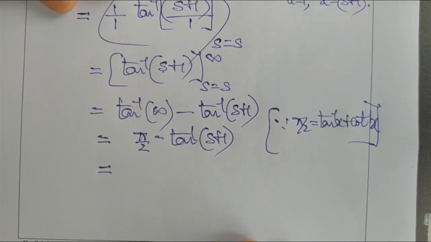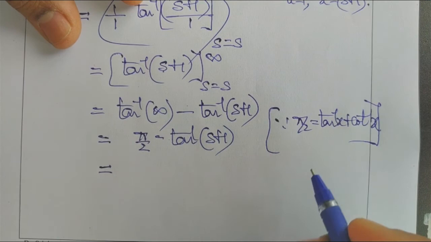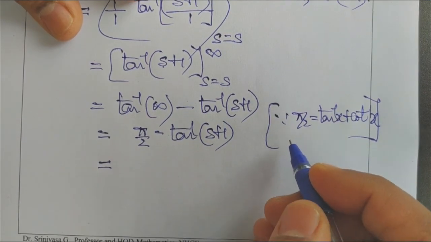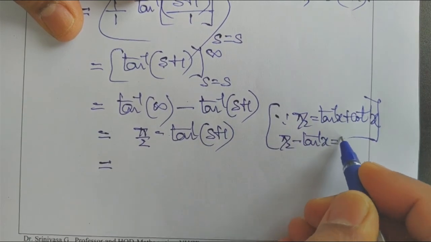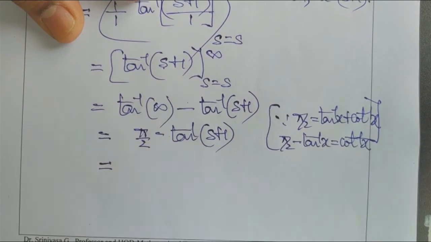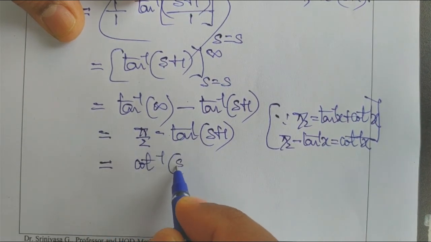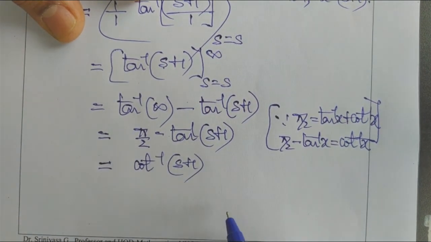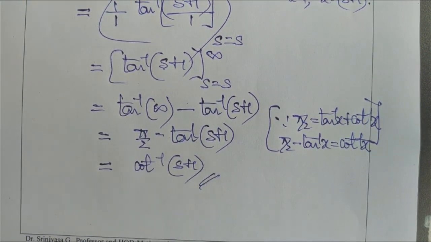So pi by 2 minus tan inverse of s plus 1, from this you notice pi by 2 minus tan inverse of x is equal to cot inverse of x. Now according to that, it is cot inverse of s plus 1. This is your solution.